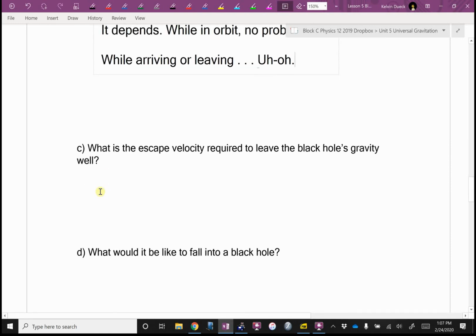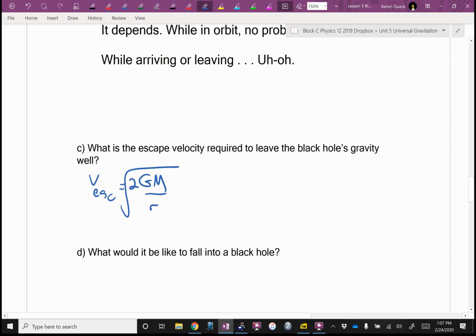What's the escape velocity required to leave the black hole's gravity well? Does anybody remember the escape velocity equation? Okay. We can derive it from kinetic energy if we wish, but yeah, escape velocity. So big G, big M over R, that was orbital speed.